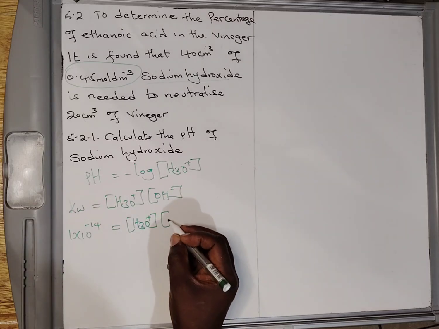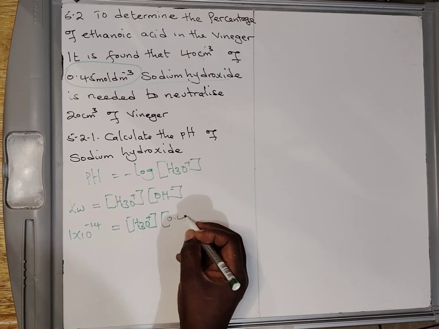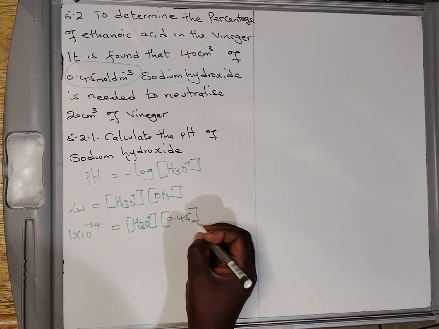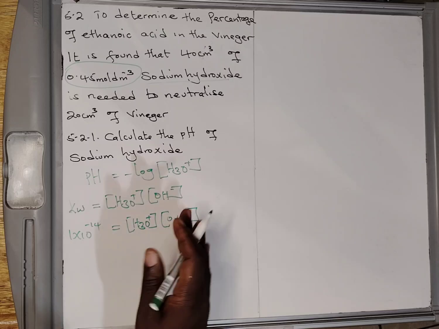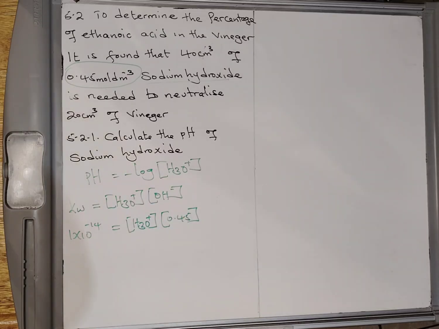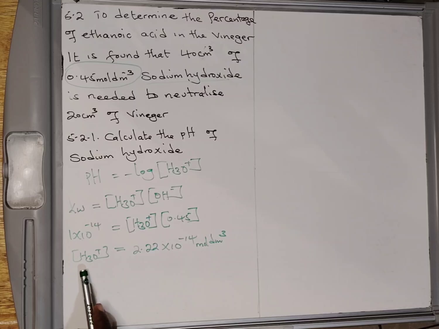So we have 0.45, because the concentration remains the same as that of the hydroxide ions. From here we compute hydronium ions, and the concentration of hydronium ion is 2.22 times 10 power minus 14.